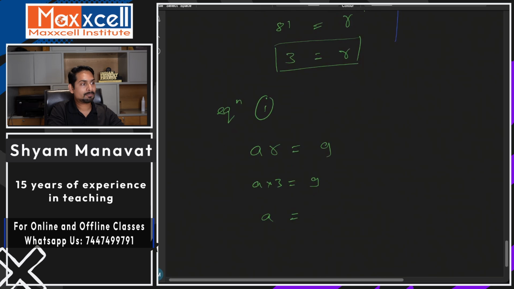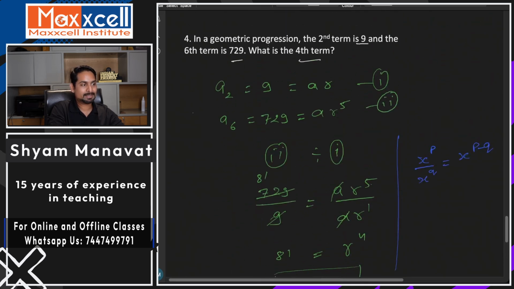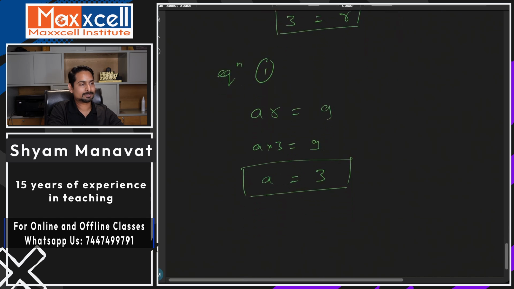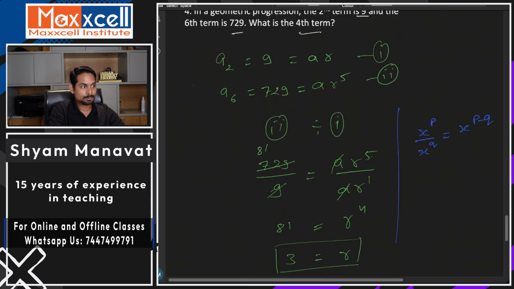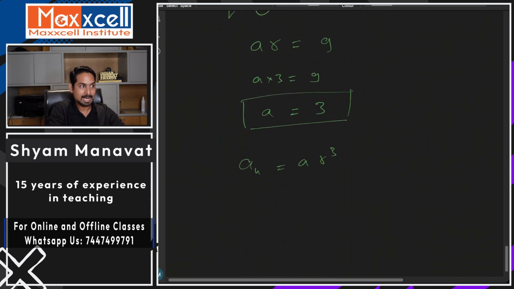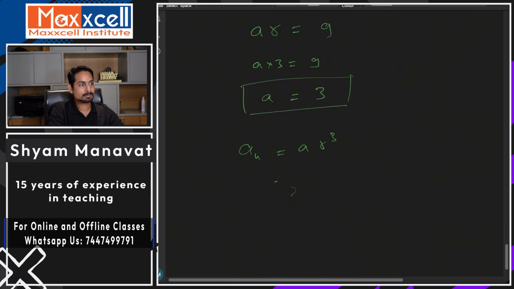The question said find the fourth term. Alright, the fourth term will be very easy. The fourth term will be ar cube, isn't it? So a we know, that is 3. R also we got, 3 cube. So what do we get here? 3 into 27, that's going to be 81. So the fourth term is 81. That's what we get.